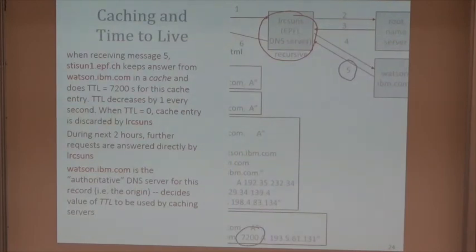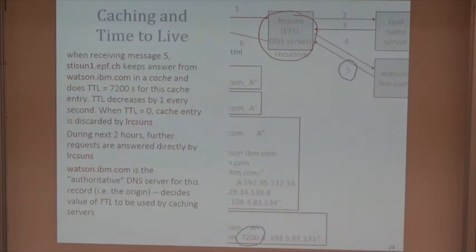All those queries contain also a quantity that's called the time to live, which is a real time to live. Not like in IPv4 where the time to live is a hop count. Here it's a real time to live. And it has to do with the caching. I said when a server or even a client has already had an answer to something, it will keep it in a cache. Now the question is, how long do you keep it?